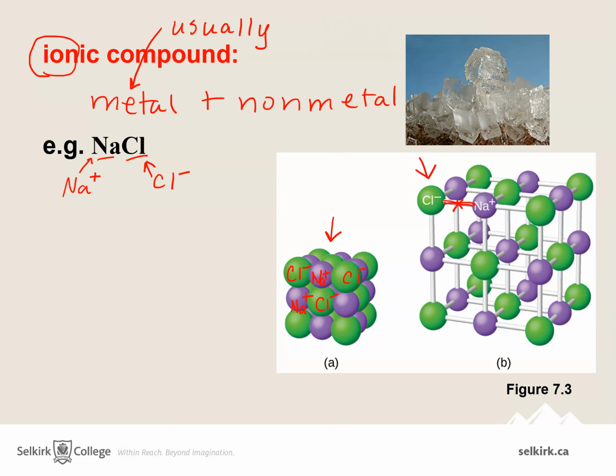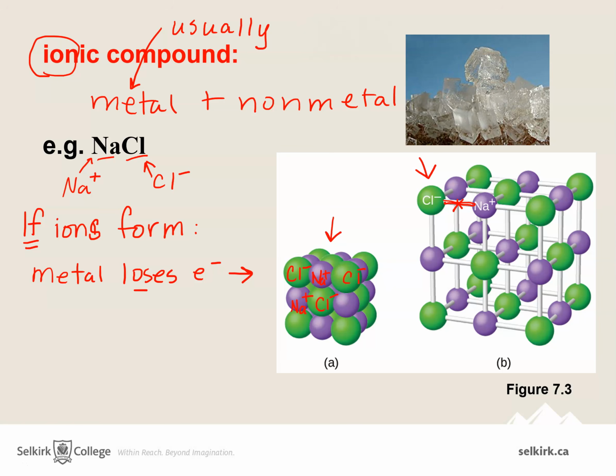Now let's use the sodium chloride example to remind ourselves of a few things. I said sodium's only charged if it's in an ionic compound, if it's with a nonmetal. But if ions form, then the metal loses electrons and becomes a positively charged ion.